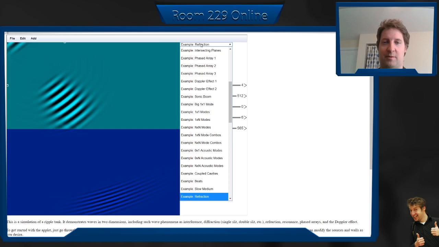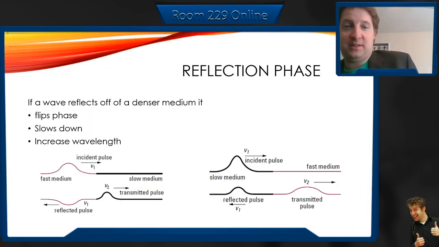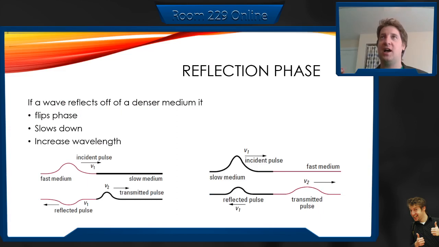Next one. What happens when these hit these mediums? Does anything else change? And the thing that changes is the phase. If you go from a lighter medium to a denser medium, like from air to water for optics, or from a light slinky to a heavy slinky, or a light string to a heavy string, that place where they meet behaves as though it's a stop, and it has to bounce off of there.